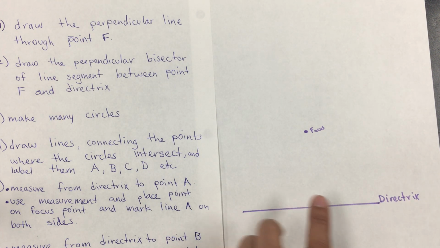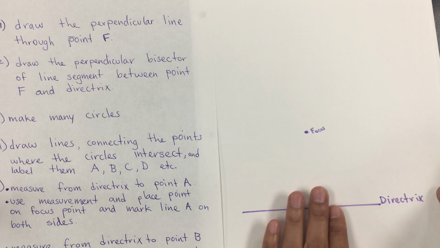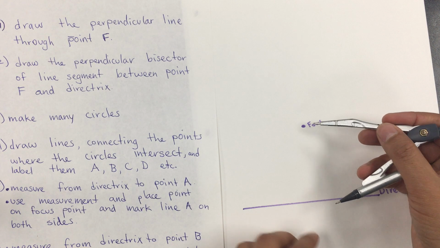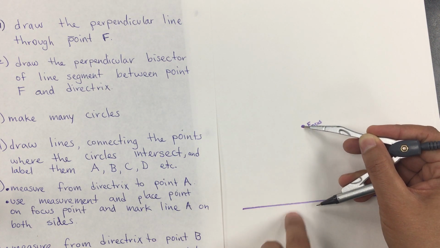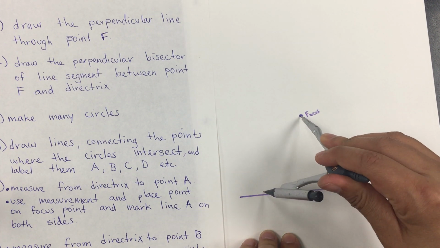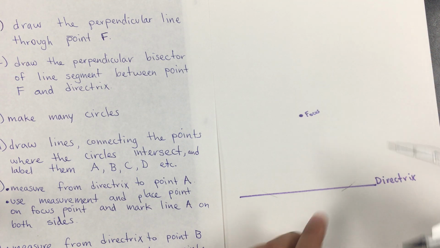And you know what? I'm going to put some papers underneath because that's going to make it a lot easier for me to use the compass. There you go. I'm going to open my compass a little bit. I'm going to put the point on the focus and open it a little bit more to create 2 marks on the directrix.